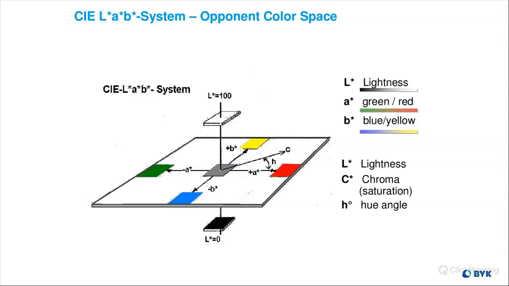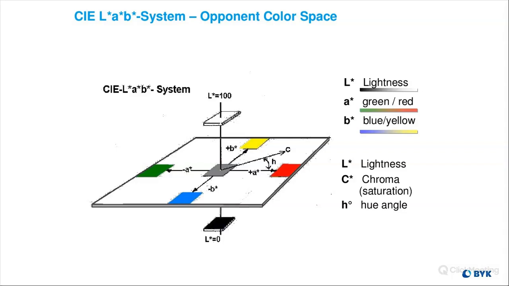And if you can imagine, 50 is around a gray color. And then your chroma, which is your C value, is how far away you are from the 0 point on that graph there. So the more chroma you get, the more vibrance or saturation that color is, the further away it is from the 0 point on the axis there.